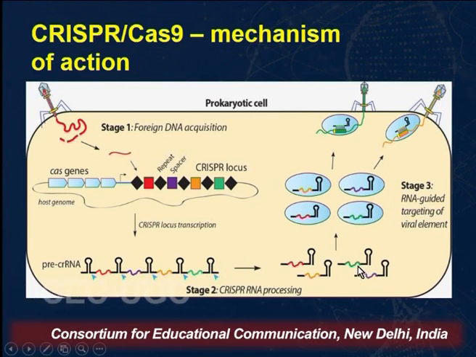Based upon this RNA, which acts as the guide RNA, it will associate with the Cas9 protein, and the guide RNA is going to guide it to the target DNA, which is homologous to this 20 nucleotide guide RNA, which is basically the homologous part.